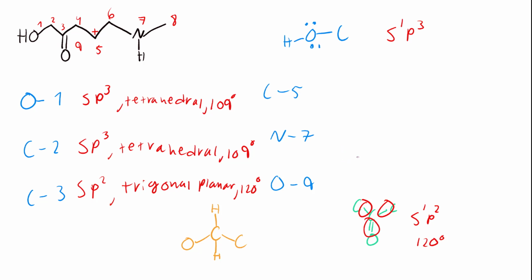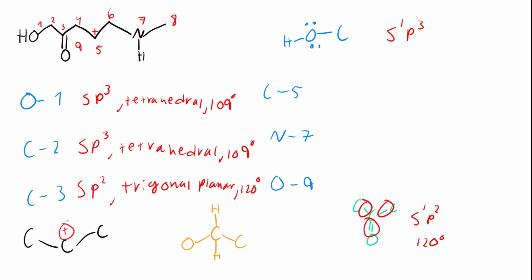Pretty cool. Now this one may seem pretty tricky, but we're going to be doing C5, which is this right here. We're going to be focusing on that. Well, let's do it. We have a carbon attached to a carbon that is attached to another carbon, but this one is actually a positive carbon.